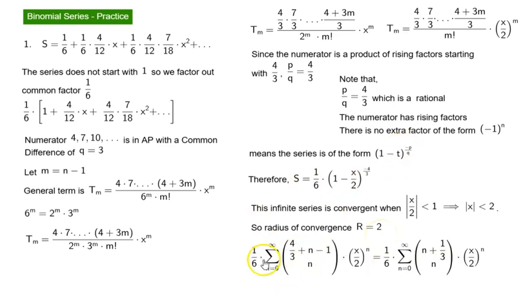This series can also be written as 1 by 6 times the summation n equal to 0 to infinity of the binomial coefficient 4 by 3 plus n minus 1 choose n times x by 2 to the power of n. Simplifying this, we get 1 by 6 times summation n equal to 0 to infinity of the binomial coefficient n plus 1 by 3 choose n times x by 2 to the power of n.